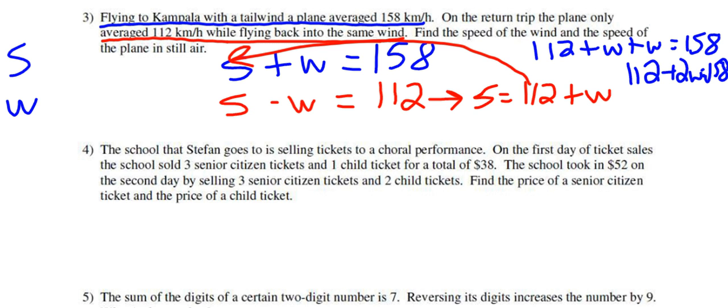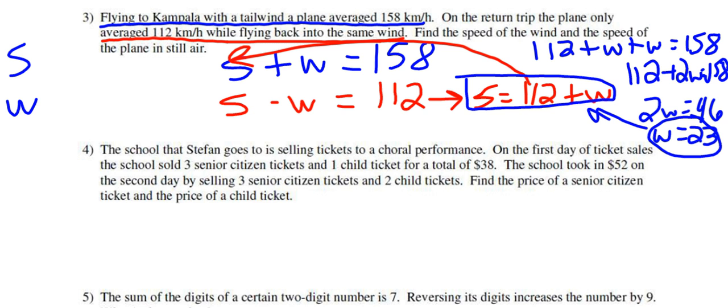If I subtract 112, I get 2W equals 46. So then W equals 23. So the speed of the wind is 23 kilometers an hour. And for the speed of the plane, we can figure that out by plugging it back into this S equals 112 plus W equation. So the speed equals 112 plus 23. So the plane is going about 135 kilometers an hour.